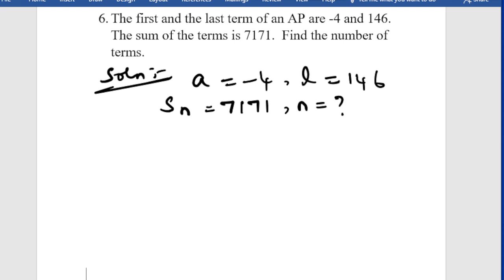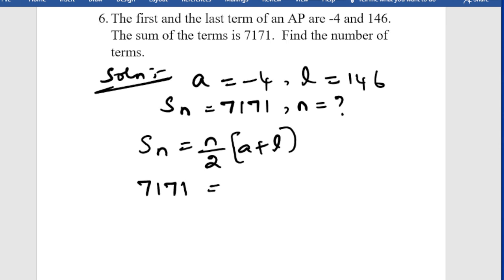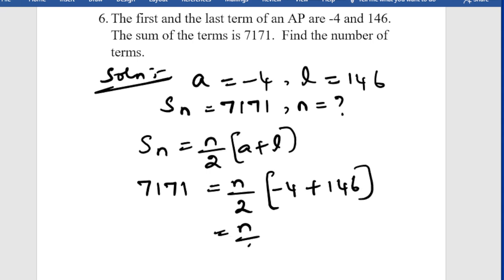Okay, so we have a suitable formula for this, that is Sn equal to n by 2 into a plus l. We can apply this formula to find n, the total number of terms. Here Sn is 7171, n is unknown, a is minus 4 and the last term is 146. 146 minus 4 is 142.